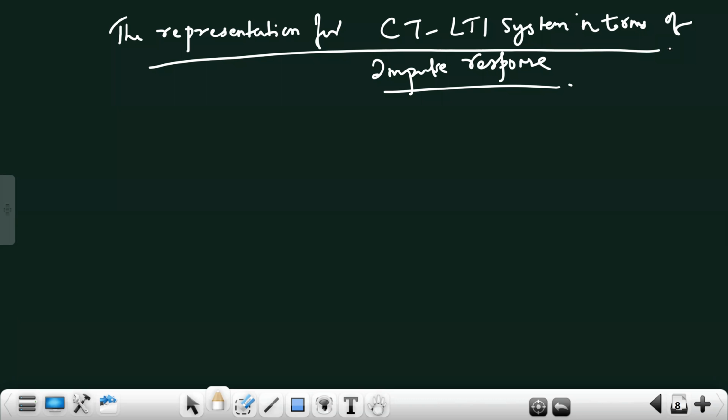So any system which is continuous in nature and which is characterized as LTI, then its output can be found out by using impulse response. So how can you find the output of a system by using impulse response for a given input? That is what we are going to discuss now. You know that any input x of t can be represented like this.